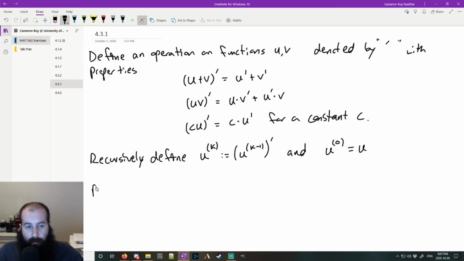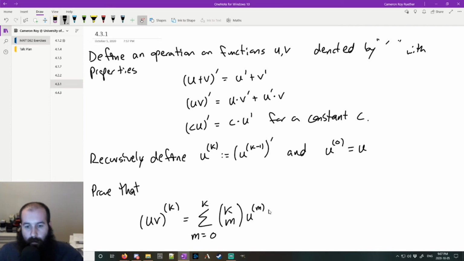Now we're asked to prove that if we apply it k times to a product, we get the following formula. The sum from m equals 0 to k of k choose m, these are the binomial coefficients, of u in brackets to the m and v in brackets to the k minus m.